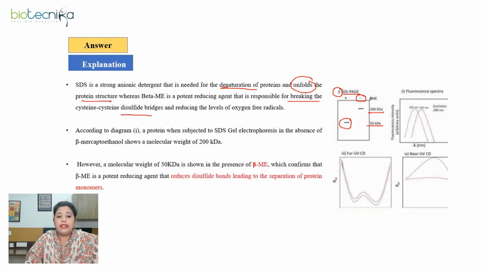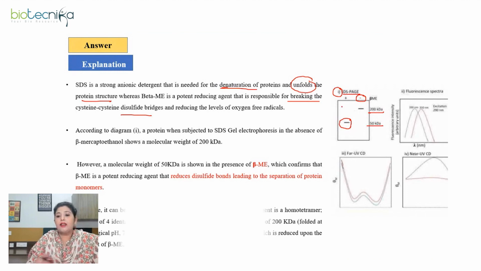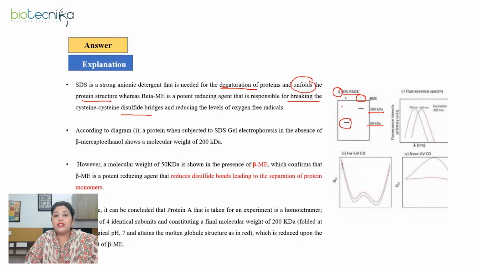So this indicates that beta mercaptoethanol breaks the disulfide bridges. That means our protein comprises 4 subunits, each of 50 kilodalton, because that totals 200 kilodalton.